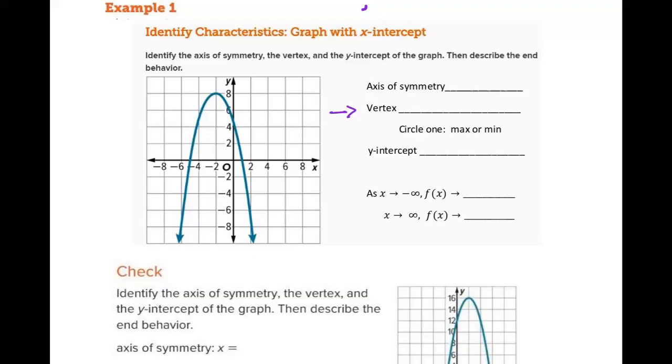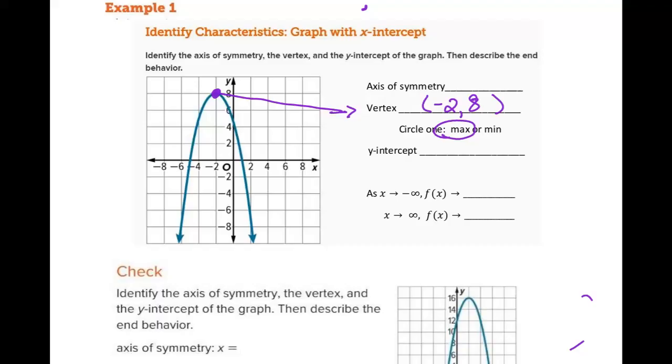So I need an x coordinate and a y coordinate. (-2, 8). Excellent. So right here, that is my vertex. Now, is that a maximum or a minimum, Ashley? Maximum. Look at that. What confidence she has. Excellent.